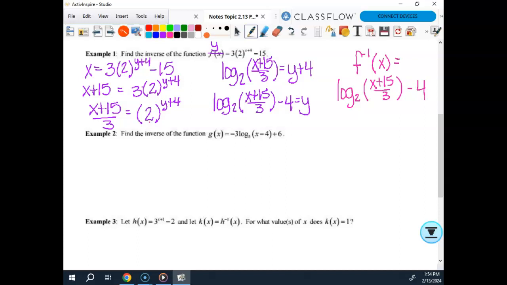You good? Okay. Now, look at example 2. We're doing the same thing, but not the same thing, obviously. Instead of taking an exponential and making it into a log, because we're doing the inverse, we have a log and we're going the other way.